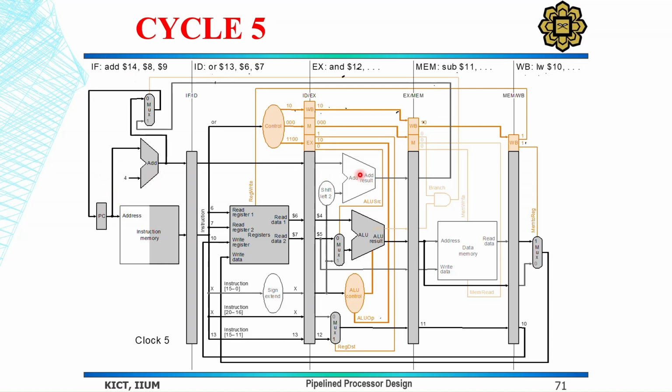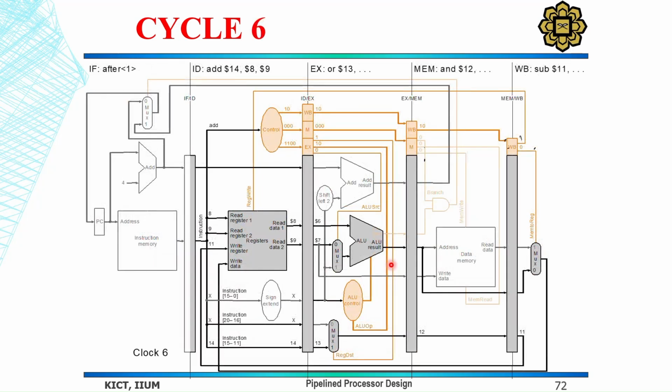You can see what different control signals are at each stage, relevant to and used at that particular stage. Then it moves to the next cycle, which is cycle 6.